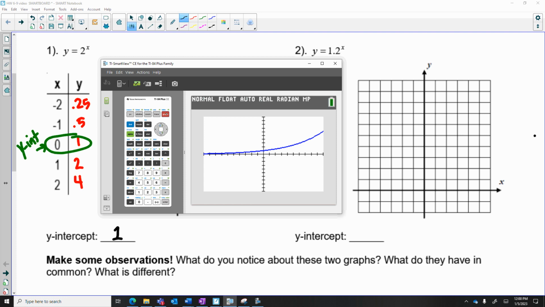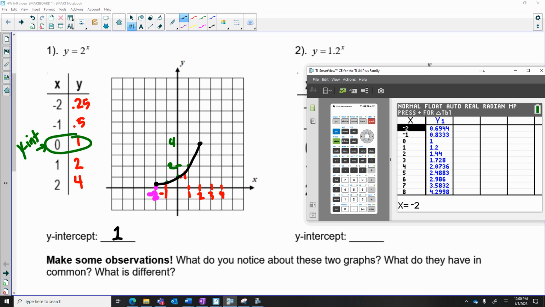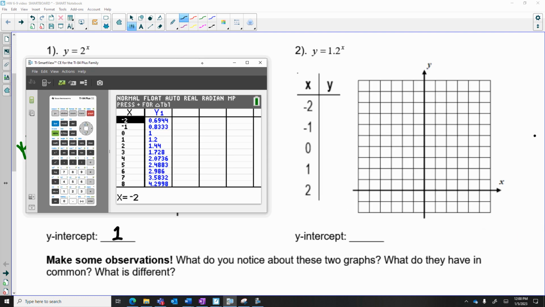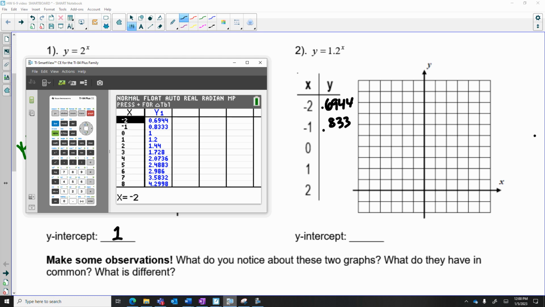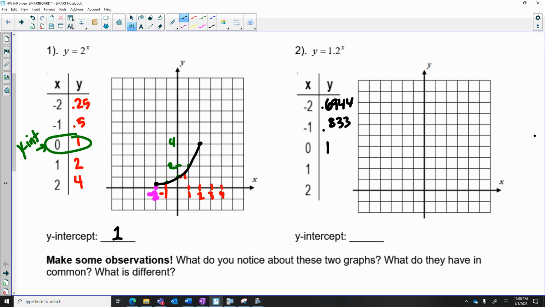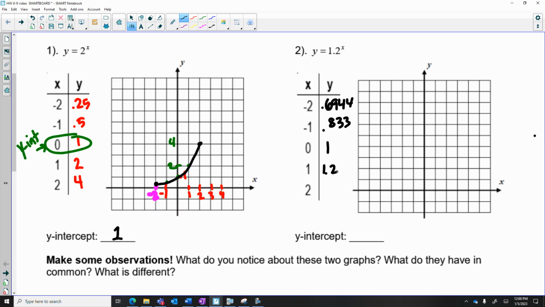All right, so first let's copy down our table from -2 to 2. Zero, 1 again, that's in common. 1, 1.2, and 2, 1.44, okay?